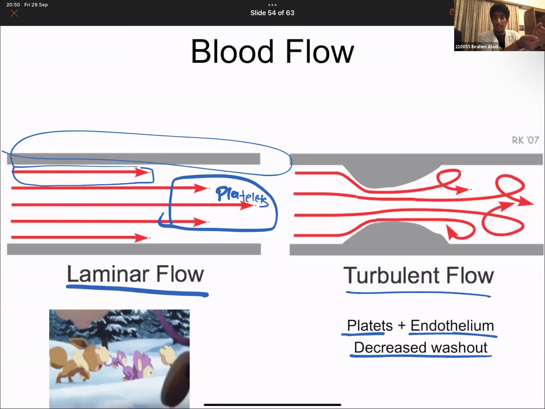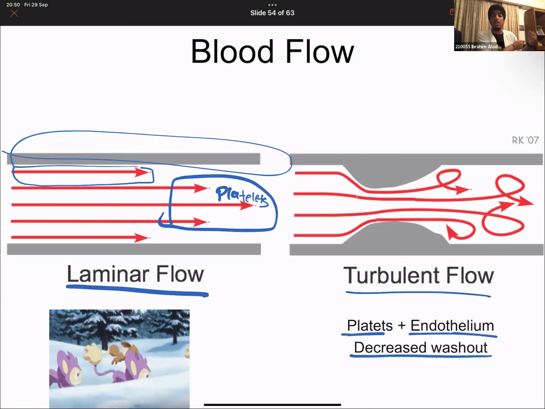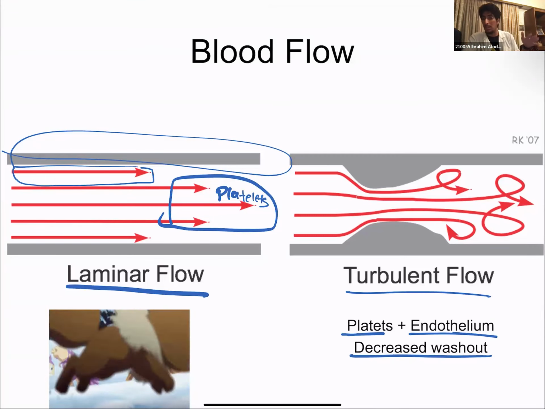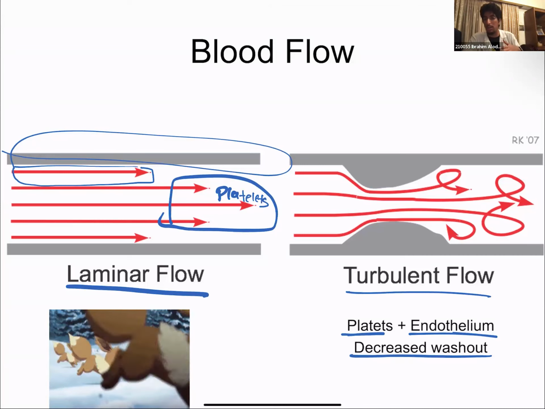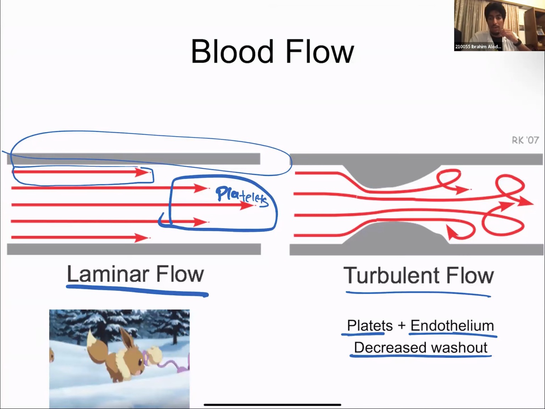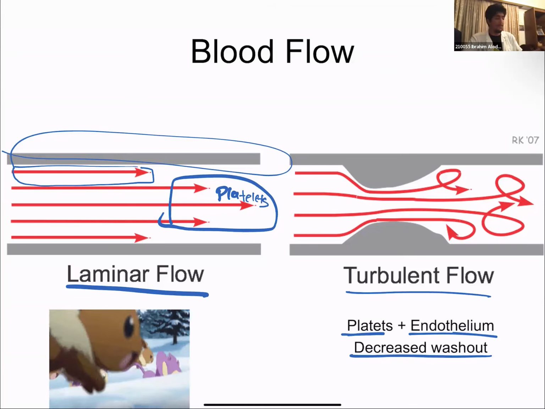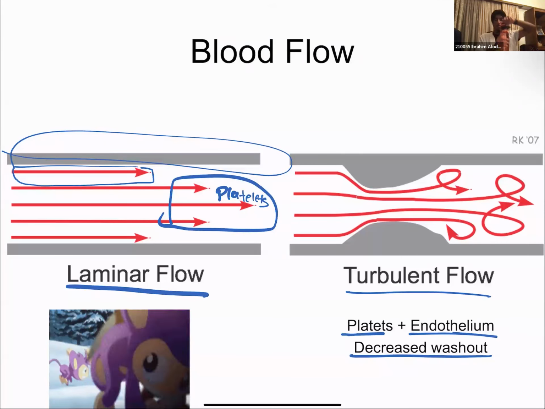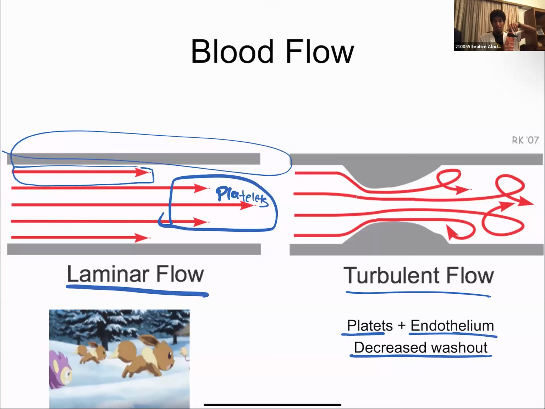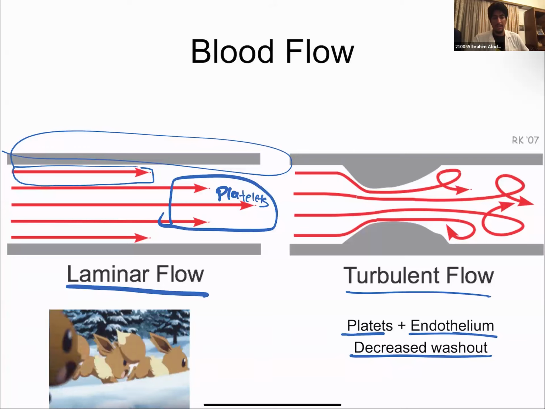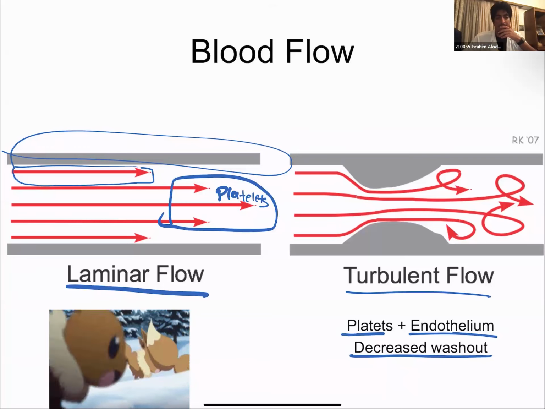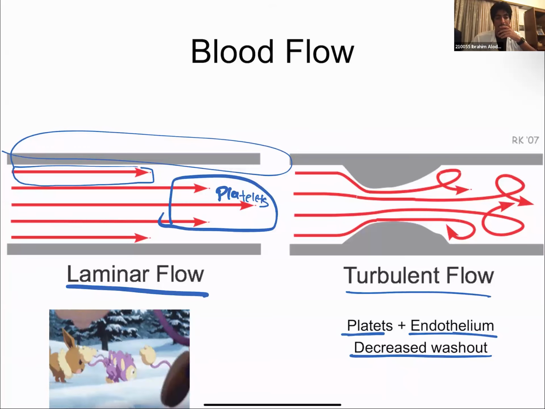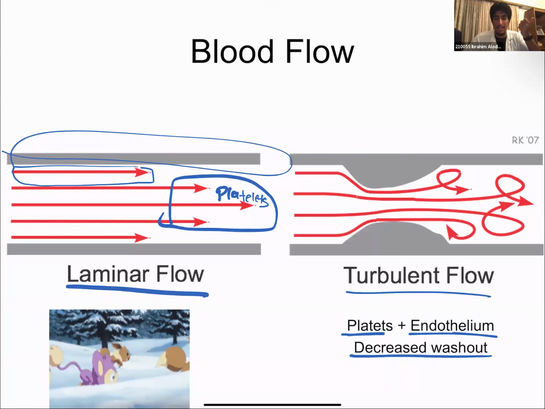So once they activate, it's going to take a long time for the clot-breaking factors and the inactivators of clotting factors to actually reach the location. Do you guys get what I mean by decreased washout? I need a yes or a no.